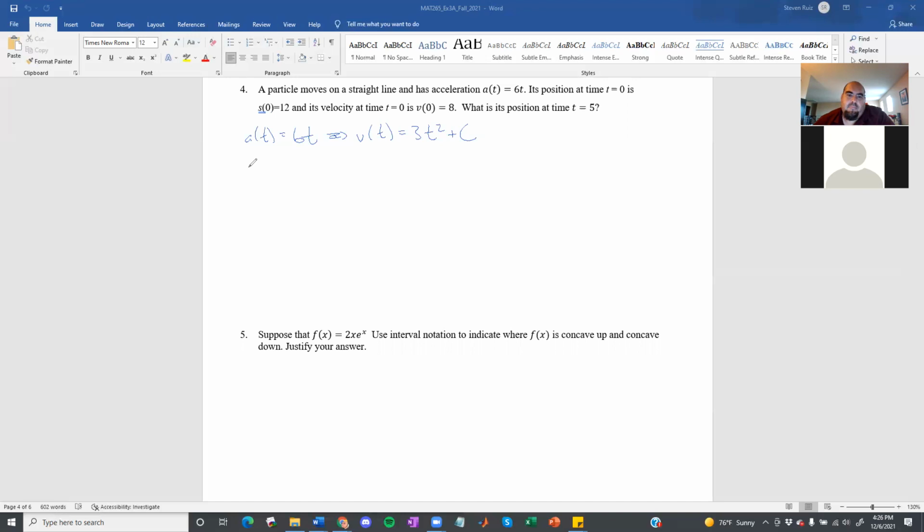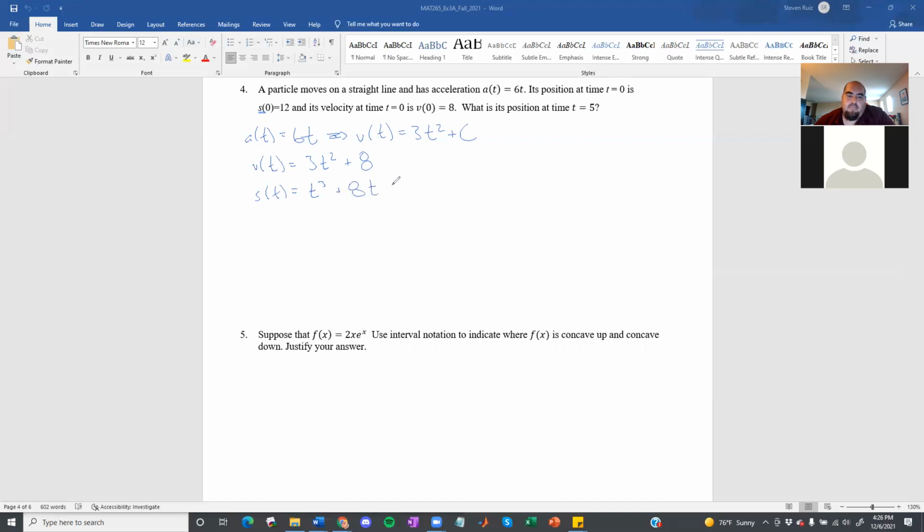Wait, no, you have to do the v of 0 equals 8 first, because this is velocity. This isn't position, that's the last one. So then we'd have 3t squared plus 8. And then the antiderivative of that would be 3t cubed over 3 plus 8t plus c.